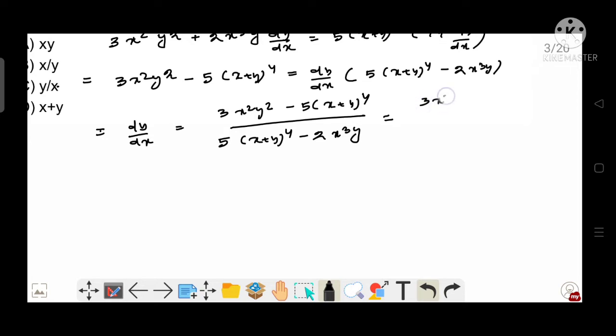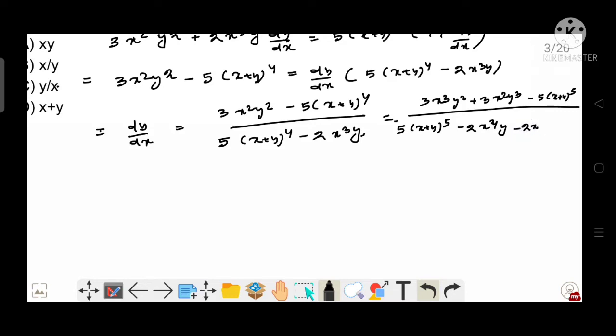Then we have 3x square y square into x plus y, that is 3x cube y square plus 3x square y cube, minus 5 into x plus y whole to the power 5, divided by 5 x plus y to the power 5 minus 2x cube y into x plus y, that is 2x to the power 4 y minus 2x cube y square, isn't it? Divided upper side and lower side.